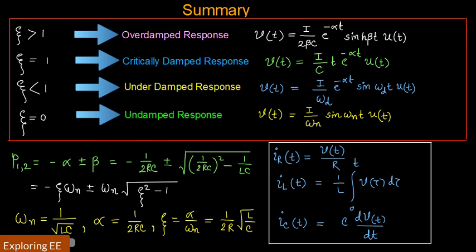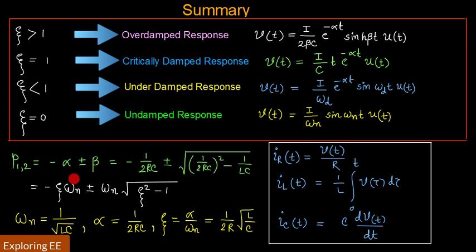Roots of the characteristic equation are given by minus alpha plus minus beta. Alpha is the damping factor given by 1 upon twice RC, and beta is under root of 1 by twice RC whole square minus 1 upon LC. Alpha can be written as zeta times of omega n, and beta can be written as plus minus omega n times of under root zeta square minus 1.